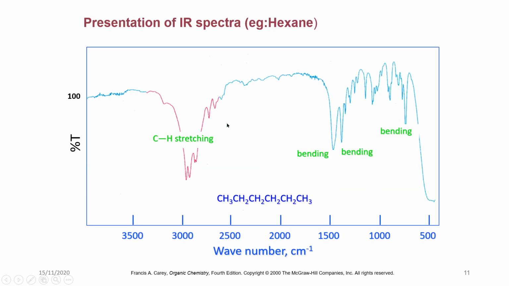This is a typical IR spectrum where the top represents 100% transmittance and the bottom 0% transmittance, and the wave numbers are plotted along the x-axis. A number of peaks in the inverted position are obtained because the molecule absorbs IR radiation, and this absorption will decrease the transmittance, and the greater the absorption, the more the intensity of the peak will increase.